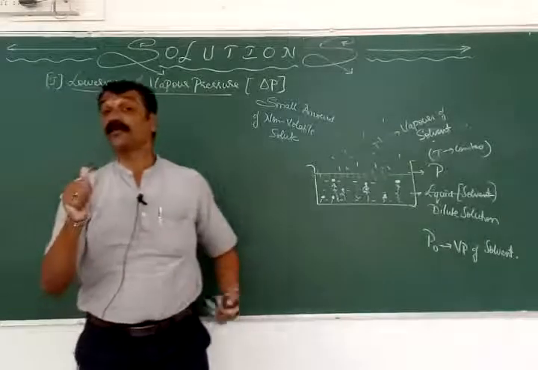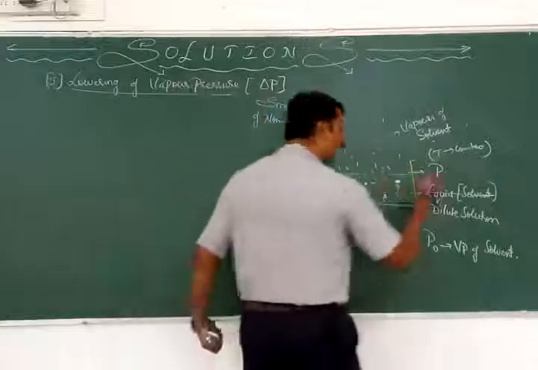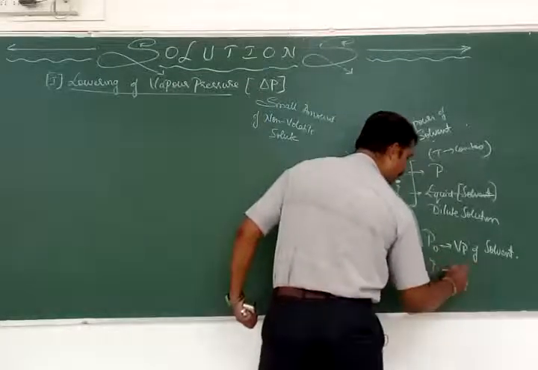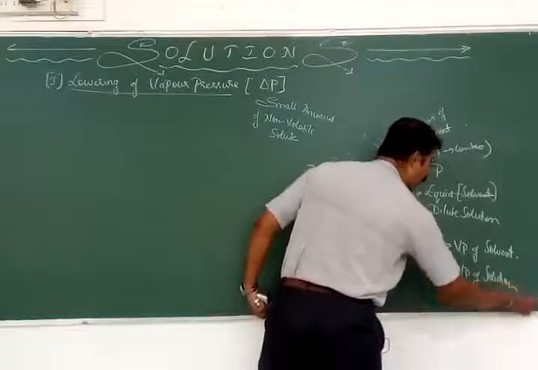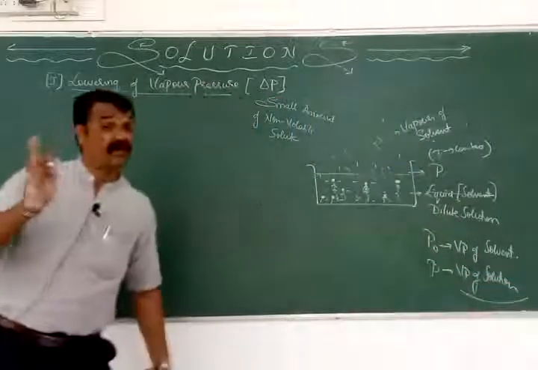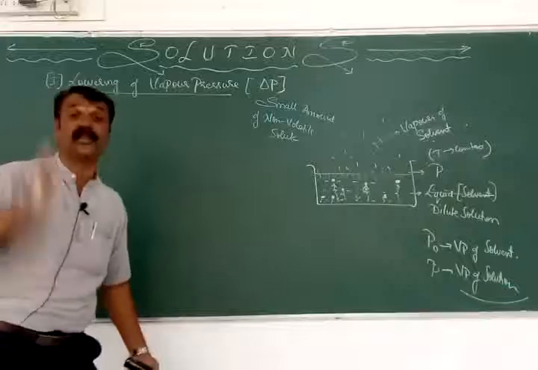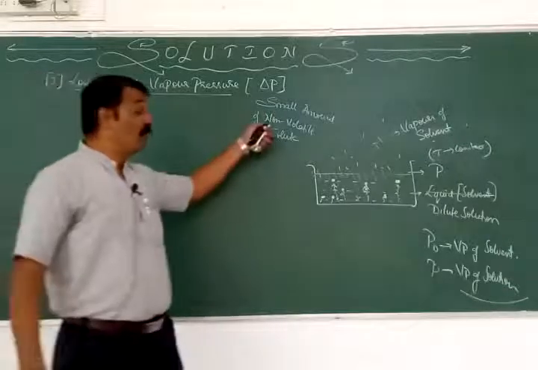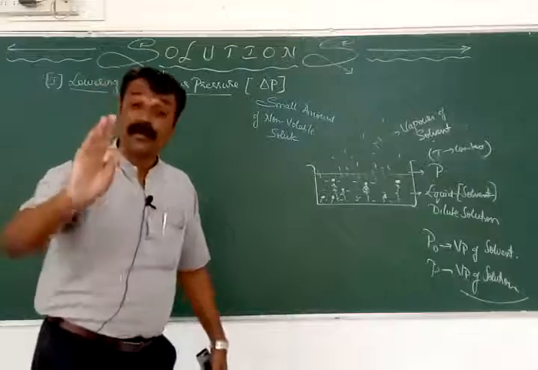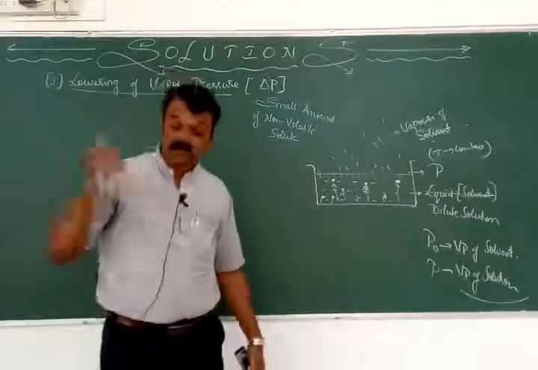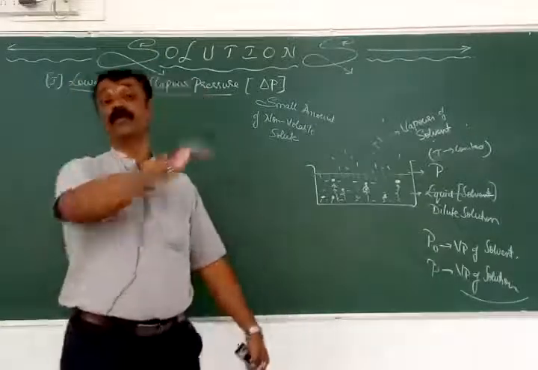This vapor pressure is called P, the vapor pressure of the solution. It is not the vapor pressure of the solvent because we have the solute with the solvent. Before adding the non-volatile solute, it is only the pure solvent. Therefore, the vapor pressure of the pure solvent is higher than the vapor pressure of the given solution.